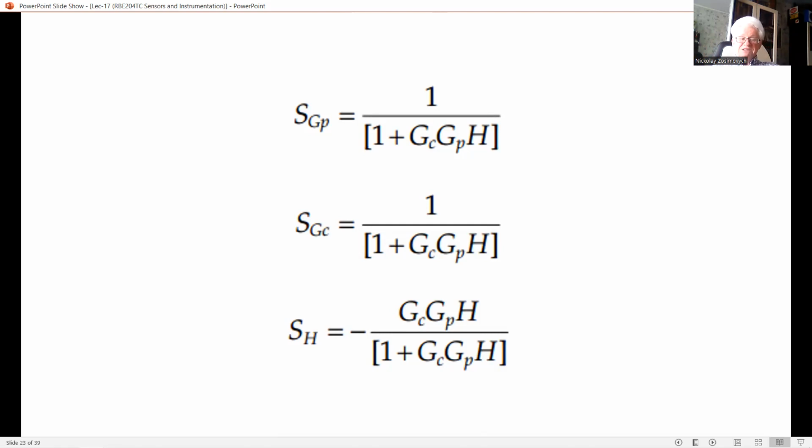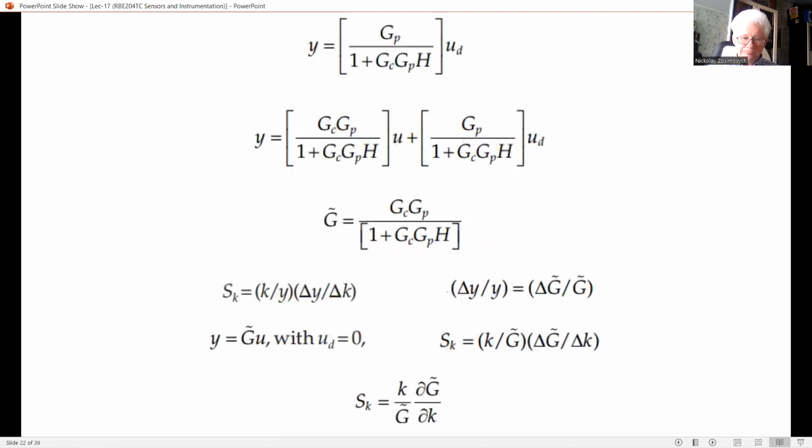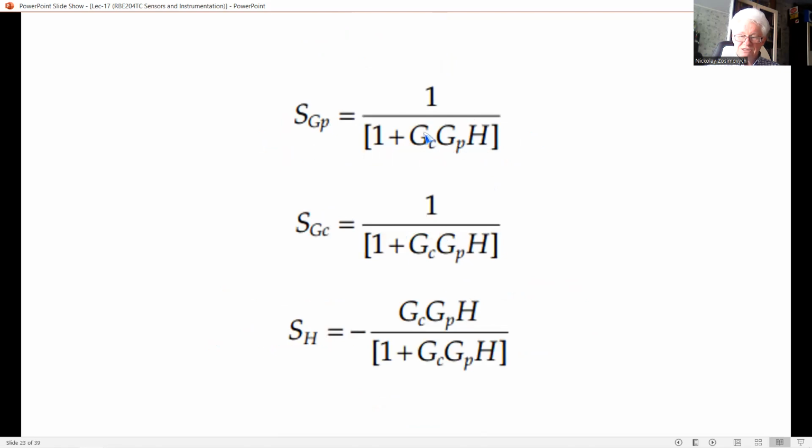And furthermore, it is clear from this equation on the previous slide, which I will show you for a second, that the effect of the disturbance input can be reduced by increasing the static gain of G sub C and H.